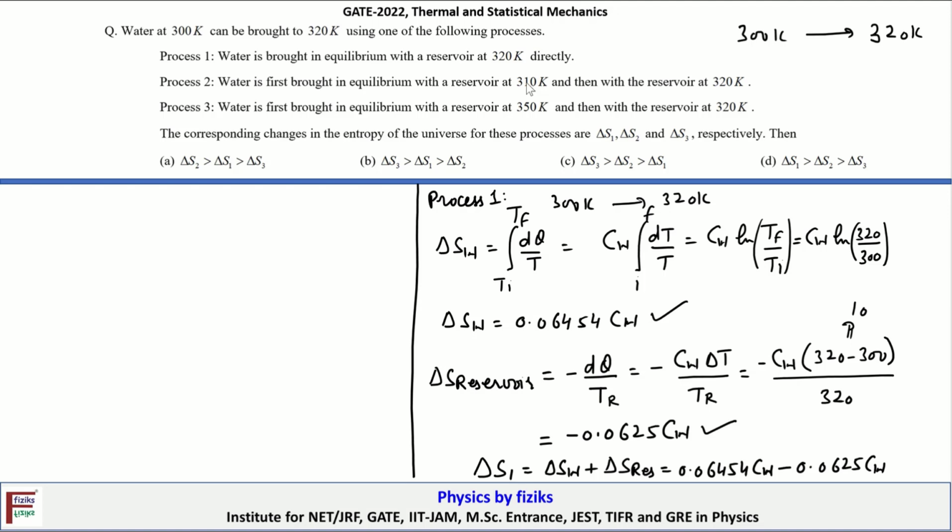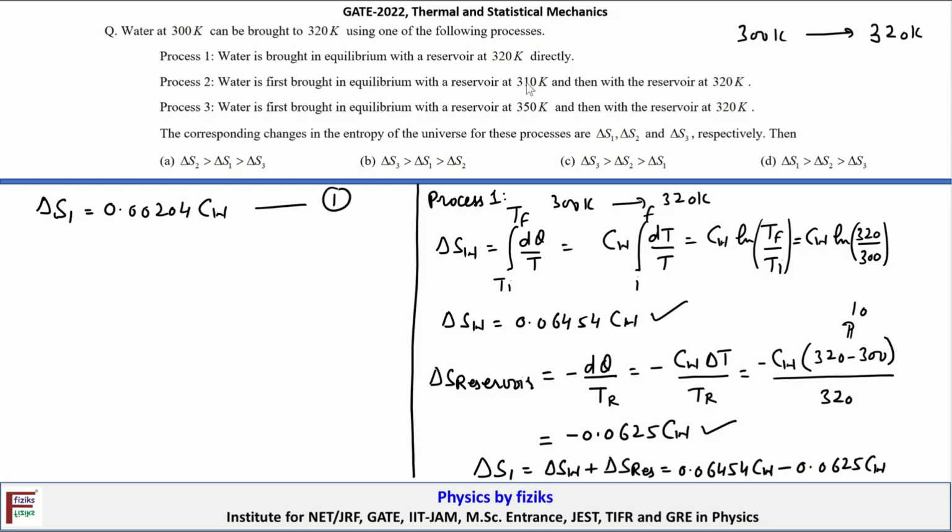It comes out to be delta S1, the entropy change of the universe in process 1, equal to 0.004204 Cw. Let's call this equation 1.